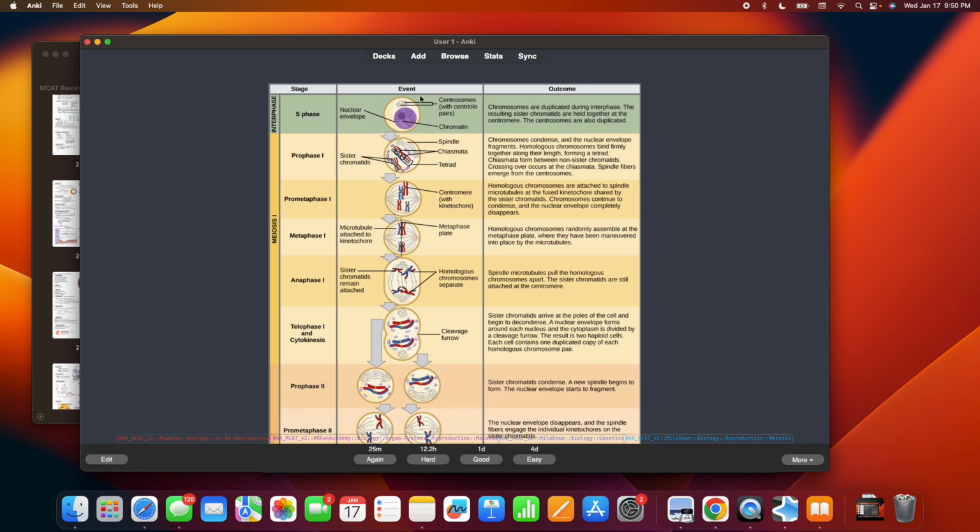So the event for the S phase, the interphase, is that chromosomes are duplicated during interphase. The resulting sister chromatids are held together at the centromere. The centrosomes are also duplicated.